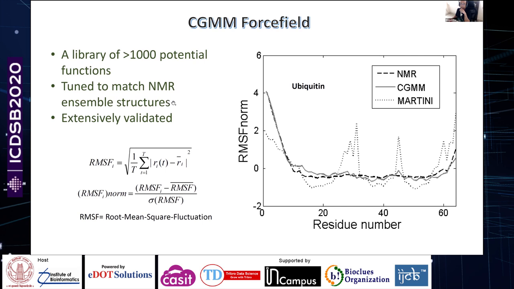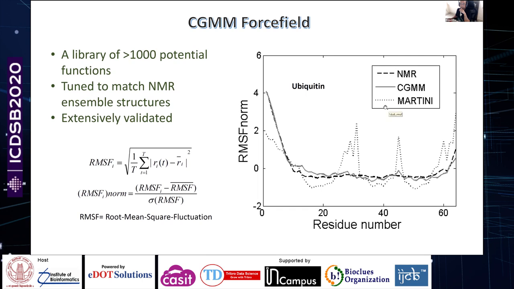We tried to match these fluctuation graphs with the NMR ensemble data. This is one example that we have on the right-hand side for ubiquitin, where you can see the NMR structure is given by the dashed line. We have the CGMM, our force field, which is closely matching the NMR RMSF, root mean square fluctuation, data.